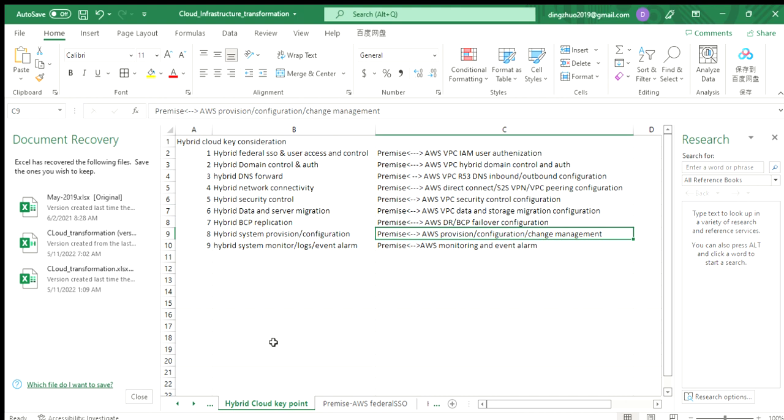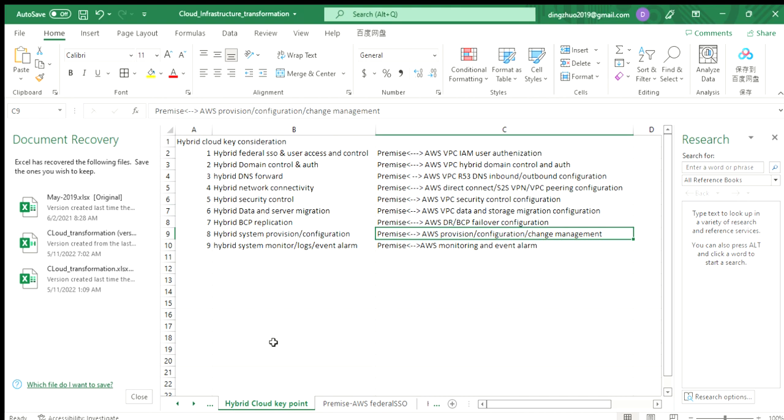Number 4 is regarding network connectivity. As I said, there is federated single sign-on between the premises and Amazon, domain control between the premises and Amazon, and DNS between the premises and Amazon.